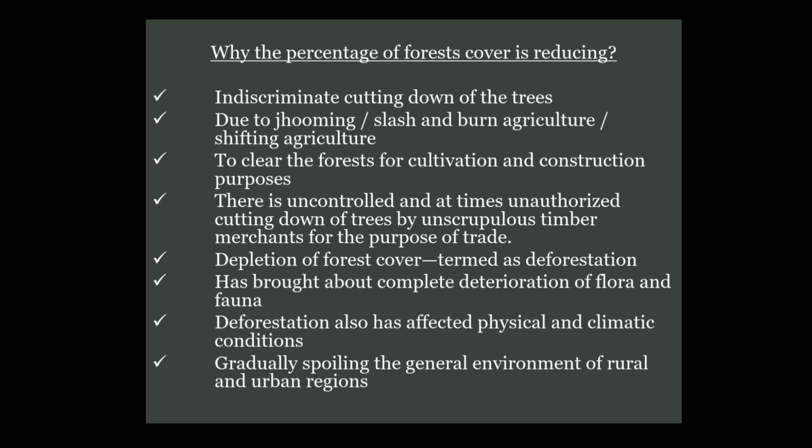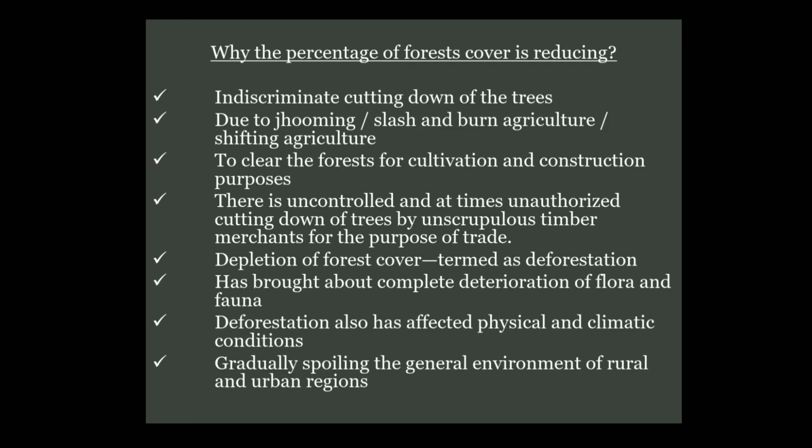Shifting agriculture means, in the northeast part of India, a patch of land is cleared, burned and made ready for cultivation. Due to the heavy rainfall, the grasses, the scrubs, the trees grow very fast. So the farmers burn it so that it will be cleared and ready for cultivation.